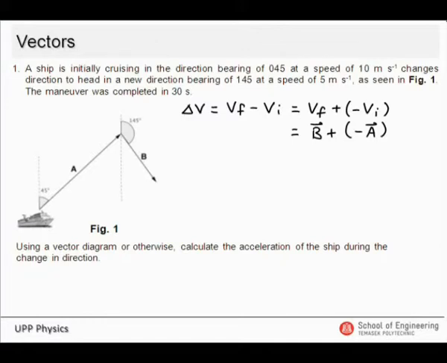So what I'm going to do now is resolve vector A in the negative direction. So just let me draw. Okay, suppose negative A is in this direction. Right? This is negative A, the initial velocity in the negative direction. And we resolve it into the corresponding X and Y components, which are the horizontal and the vertical components respectively.